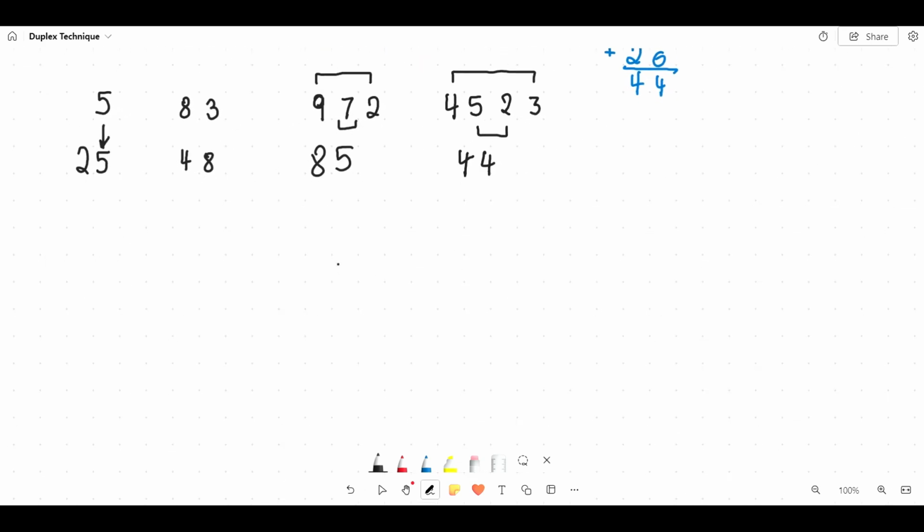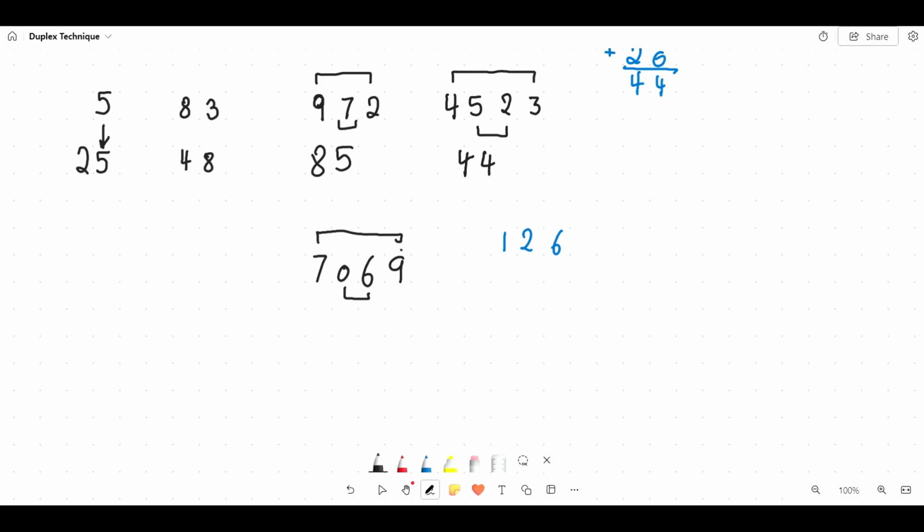Let's take another example. 7069. Peripheral digits. 7 into 9, 63. 63 times 2, 126. Okay? And now the inner 2 digits. 6 into 0, 0.